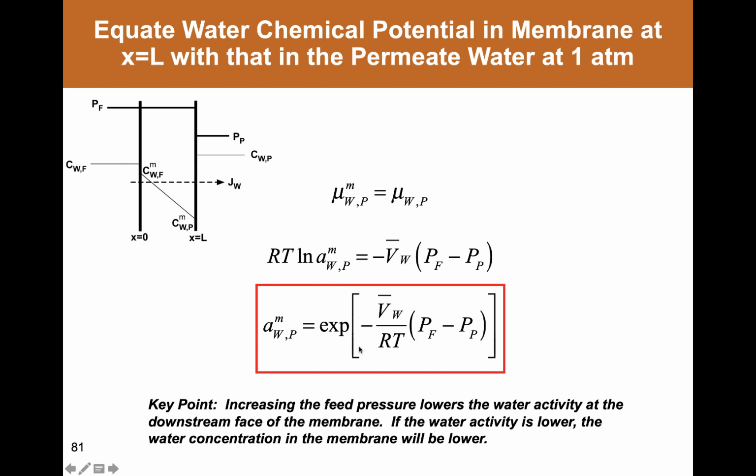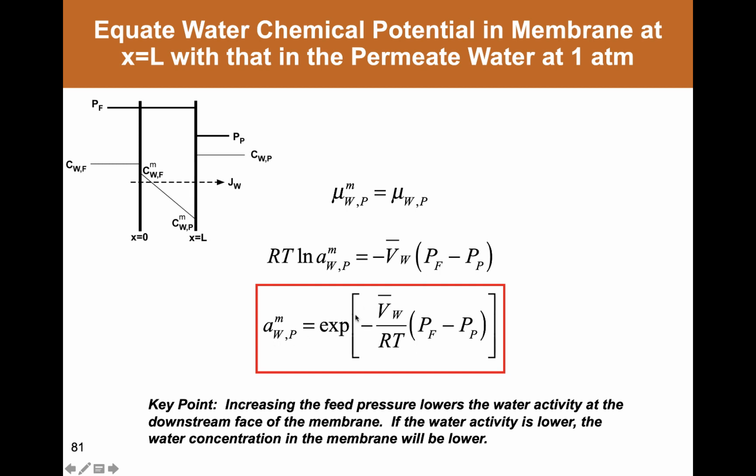And now we see the key result that tells us why increasing the feed pressure lowers the concentration of penetrant at the permeate side of the membrane. The result here says that if we raise the feed pressure, this negative sign on this exponential means that the activity of solvent or water in the membrane at the downstream face of the membrane decreases.